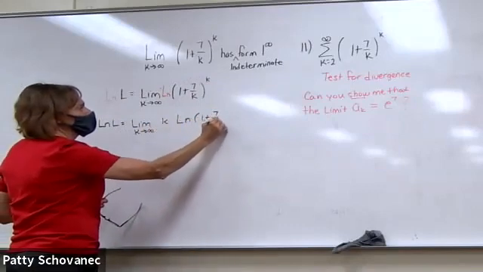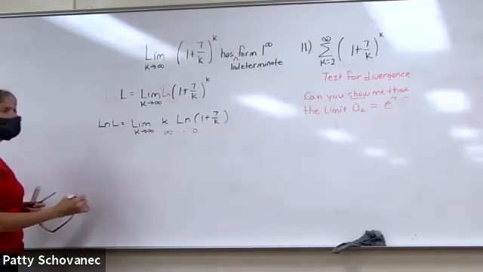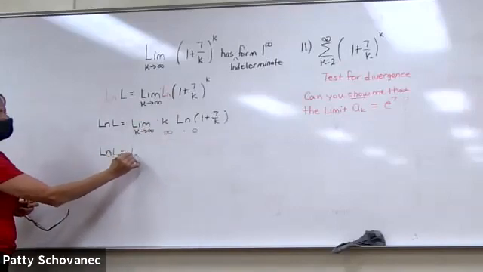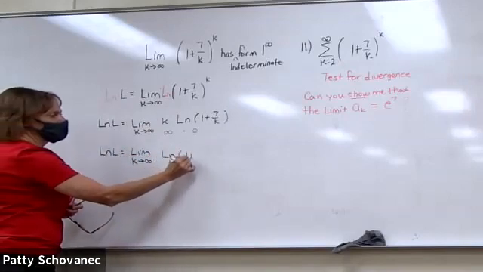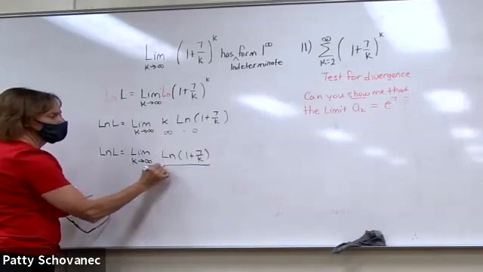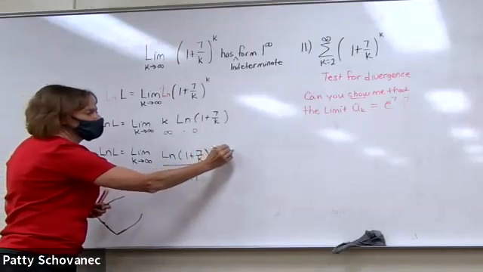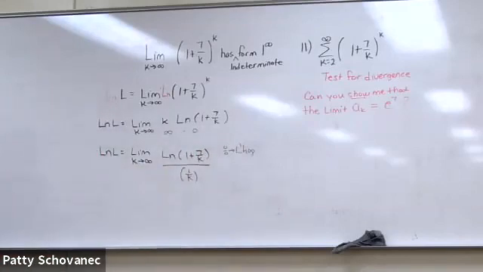Now it has the form of infinity times 0. So in the next step, this goes underneath as a 1 over k. Now it looks like 0 over 0, so I whip out the old L'Hopital's rule. I take the derivative of the top and divide it by the derivative of the bottom.